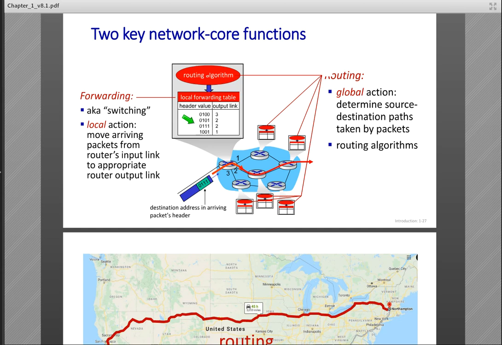We call it the forwarding table or routing table. There is a small difference between them: the forwarding table is a subset of the routing table.